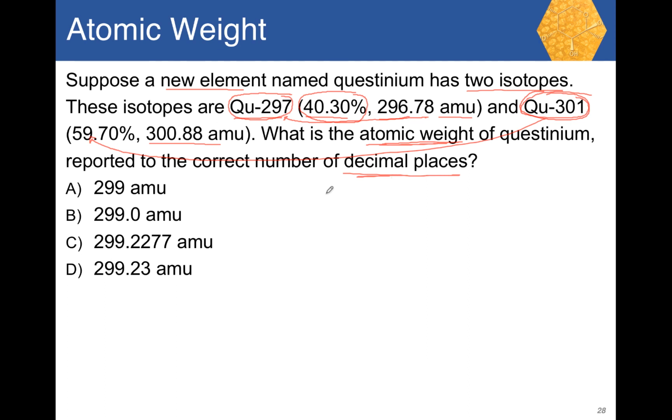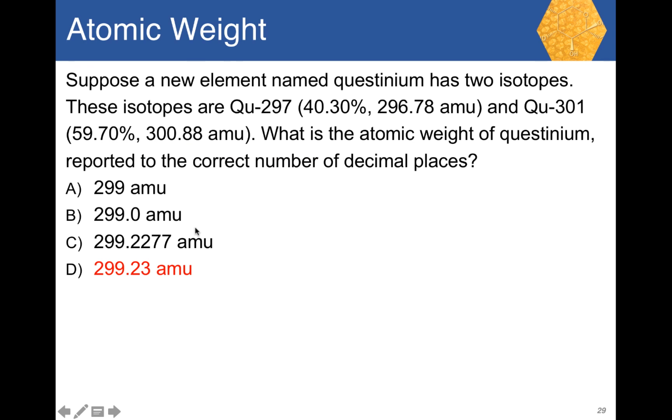In this case, you take 40.3 divided by 100 times 296.78, plus the other isotope, 59.7 divided by 100 because it's a percentage, times the weight, which is 300.88. Plug those numbers into your calculator and see what you get. You can pause the video here and do that calculation before you see the answer on the next slide.